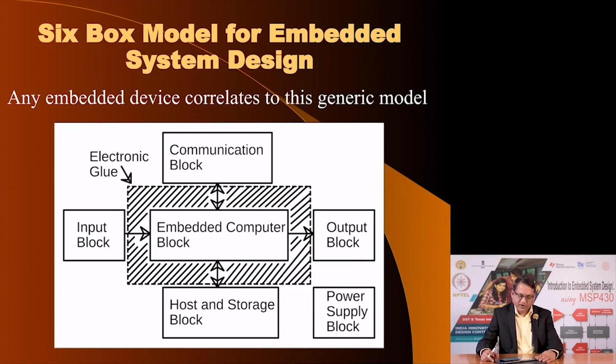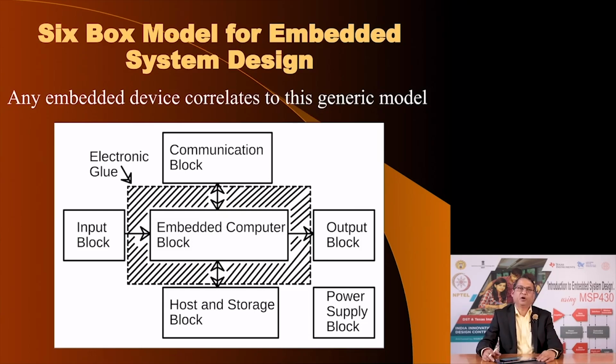The inputs provided by the input block are passed on to the microcontroller, that is the embedded computer block. We have already seen what types of embedded computers there are and how they are implemented. The embedded computer acquires the information from the input block and processes this information by way of executing a program.